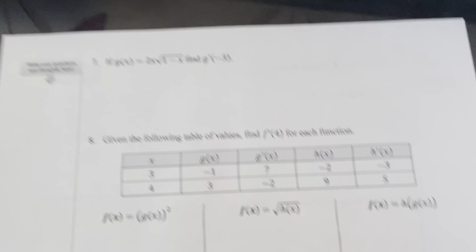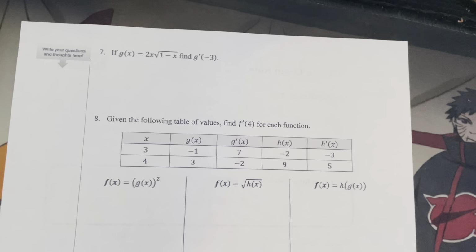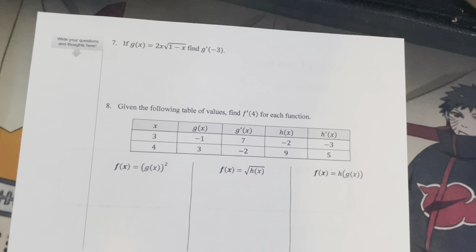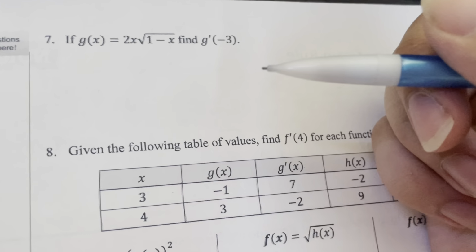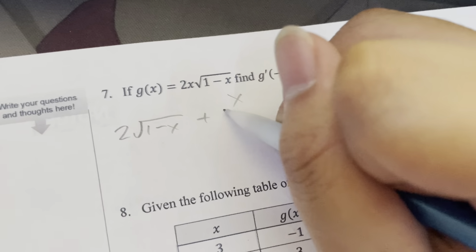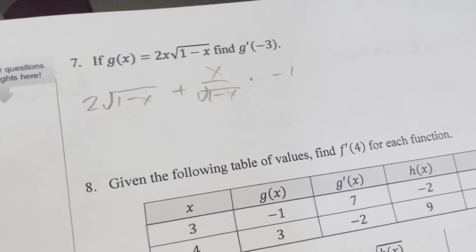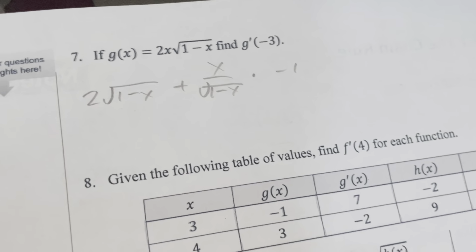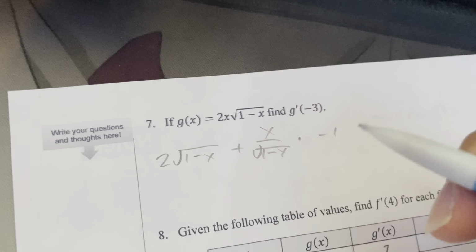Number 7, if g of x equals 2x multiplied by the square root of 1 minus x, find g prime of negative 3. So first, we'll apply the chain rule to this problem. And we'll find that the equation is 2 multiplied by the square root of 1 minus x, plus x over the square root of 1 minus x, times negative 1. Once you apply the chain rule and find that, you plug in your negative 3.